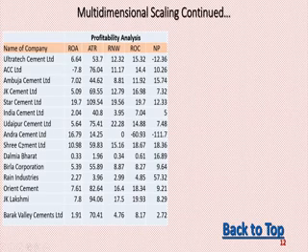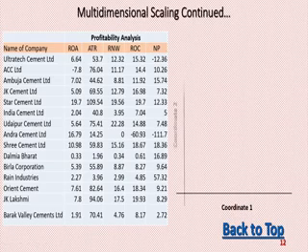Here there are some cement companies, UltraTech Cement, ACC, Ambuja, etc. There are so many cement companies, and these are different variables with the help of which we can measure their profitability. Each observation has 5 variables. Multidimensional scaling will convert this 5-variable data set into a 2-variable data set and plot them.